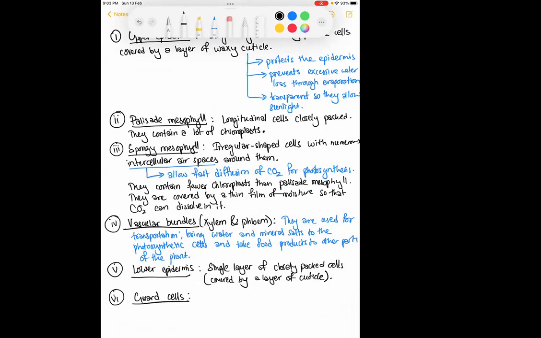These are bean-shaped, and interestingly, they also contain chloroplasts. So they are bean-shaped, chloroplast-containing cells located in the lower epidermis.